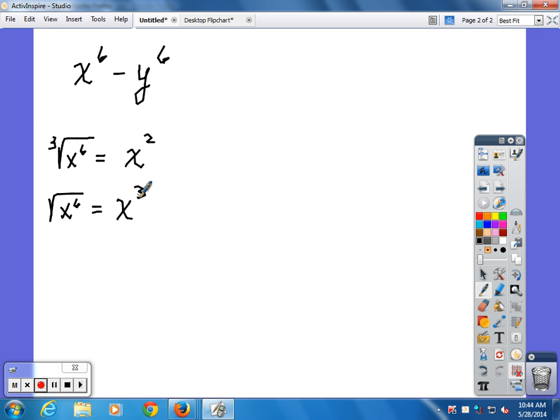Two or three days later, all right, the cube root of y to the 6th is y to the 2nd, and the square root of y to the 6th is y to the 3rd. So, if you use shortcut number 3, you're going to take the square roots.